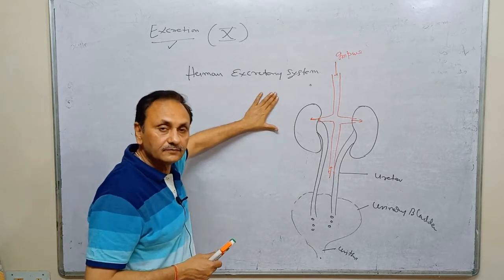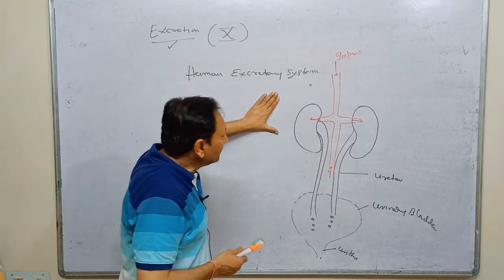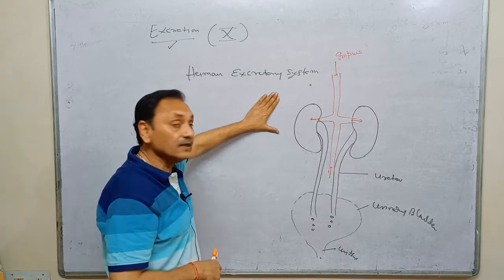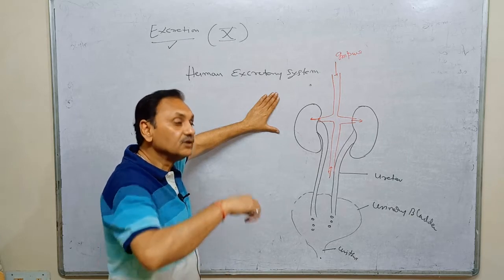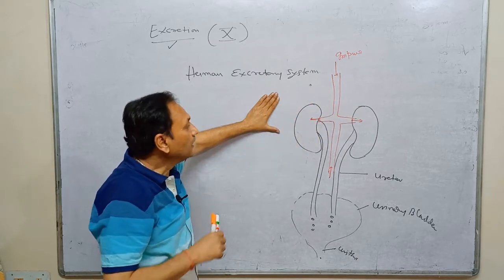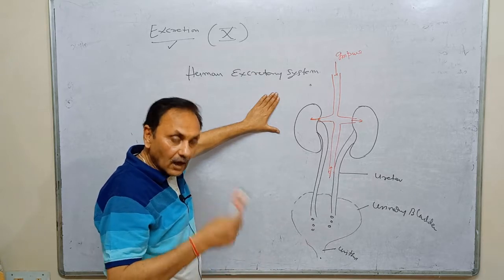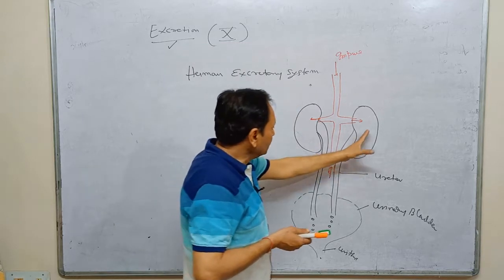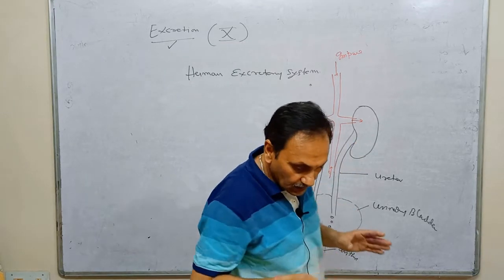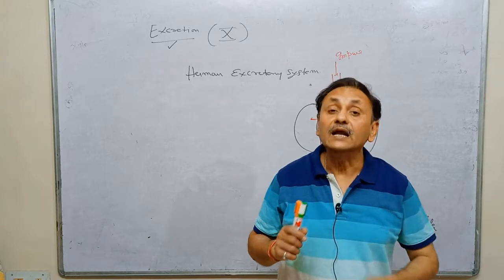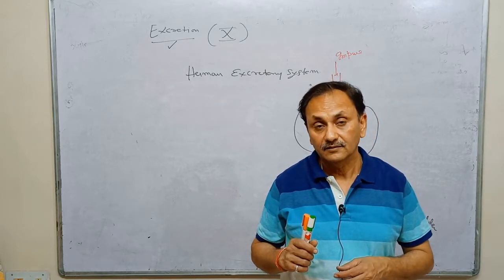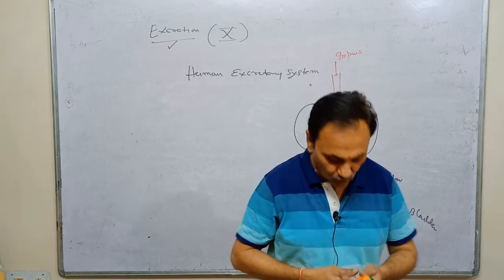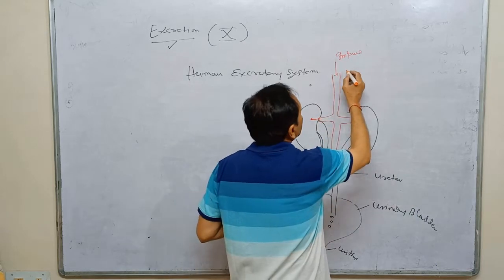It is impure blood carried by different parts of the body to the kidney, where purification takes place, and after purification it goes to the heart, where it is pumped out. This kidney is also called renal. The term renal is also used for the kidney.